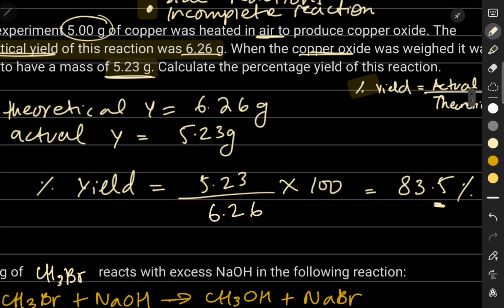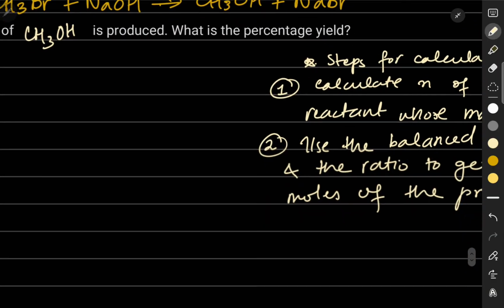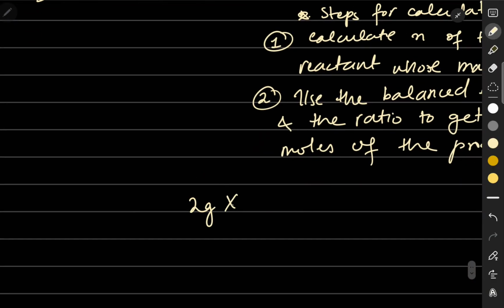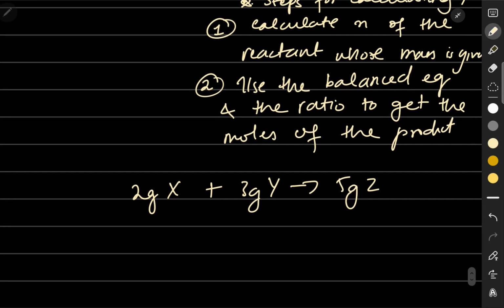If I go back to my previous example here, which was 2 grams of X plus 3 grams of Y makes you 5 grams of Z. So in this equation, let's say it's a balanced chemical equation. So let's say you had the mass of this reactant known.